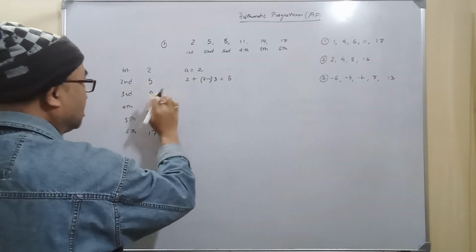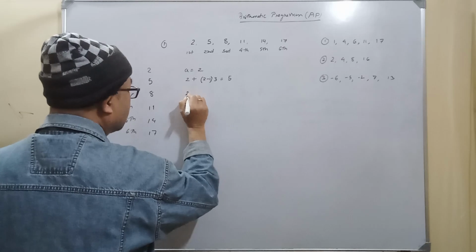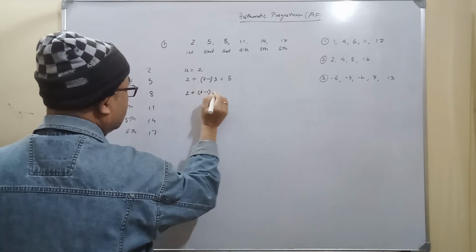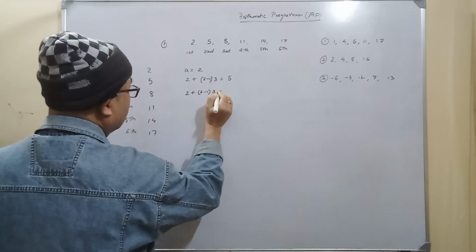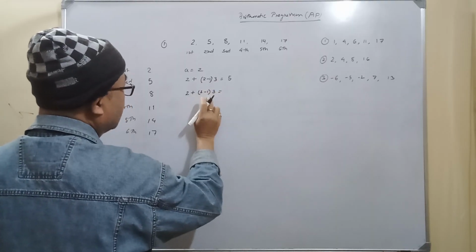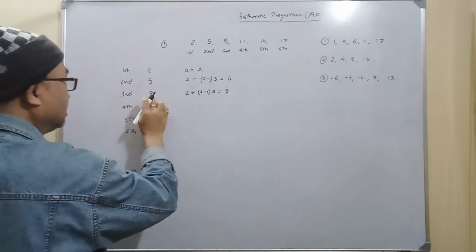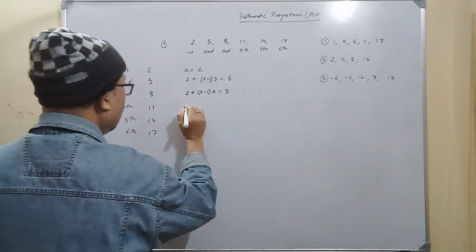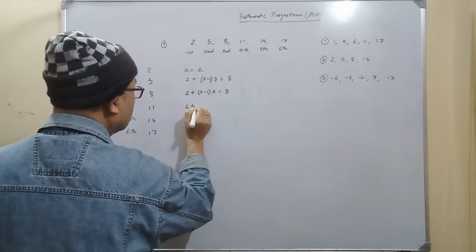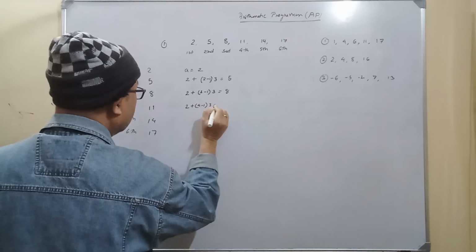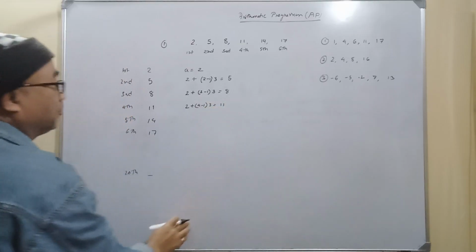How do we get the third term? Again, the first term plus 3 minus 1 into the common difference. How much do we get? 6 plus 2, 8. We get the third term. What is the fourth term? 2 plus 4 minus 1 into 3, 11.